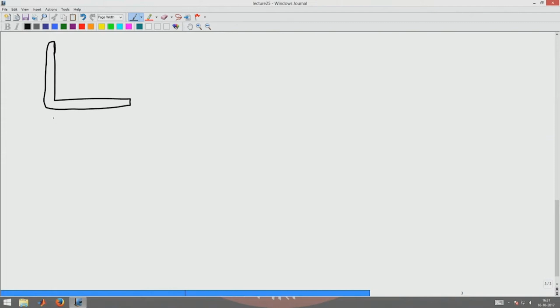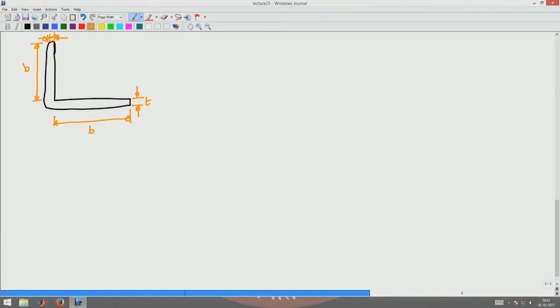Let us assume that this distance is B, as does this distance, this also B. Let us assume that this thickness is T and this thickness is also T.